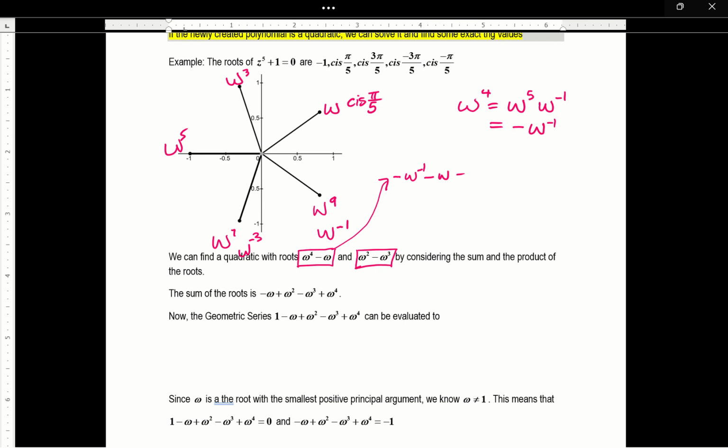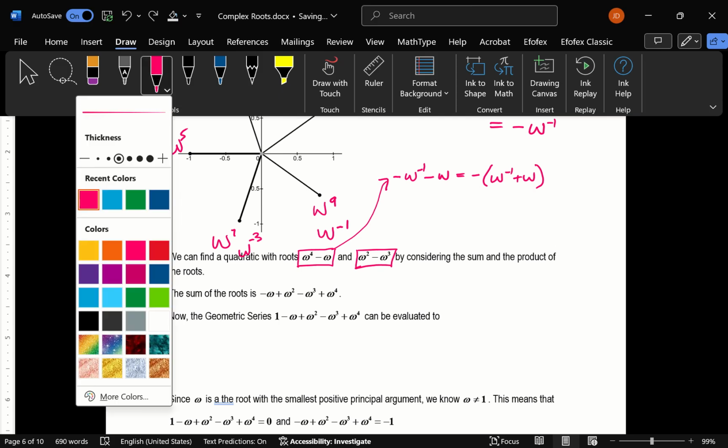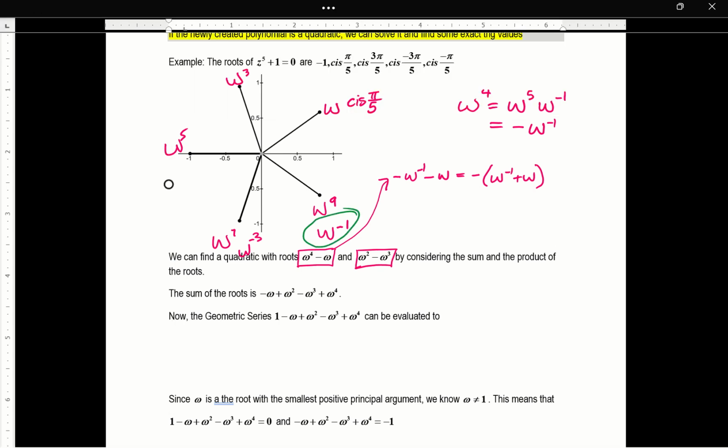So in a way, we're adding them, like it's minus of W minus 1 plus W. And the W minus 1 and the W, as you can see here, these are conjugates, right? So we'll be able to get something out of this. It's minus, and then it's like 2 cos pi on 5, isn't it? Because when you add two conjugates, you get twice the real part.